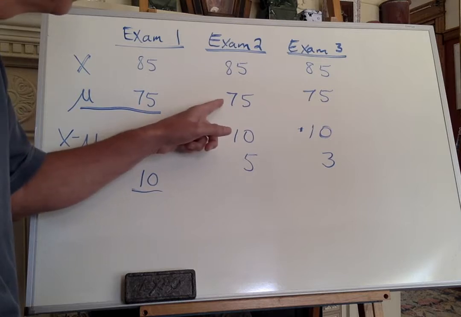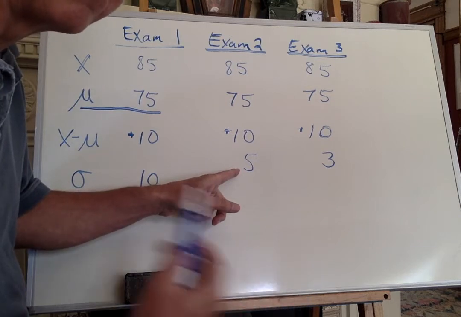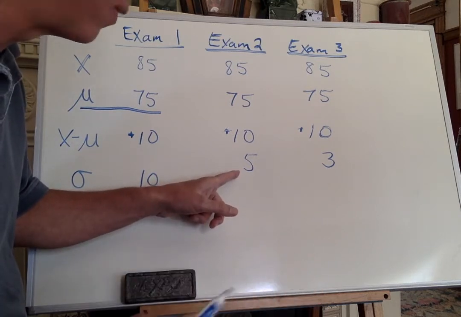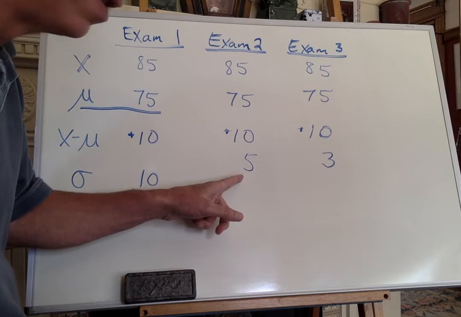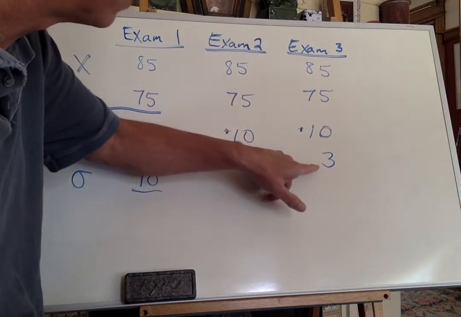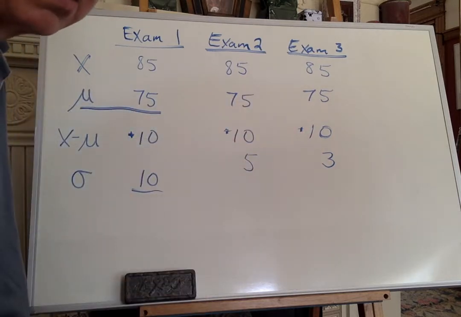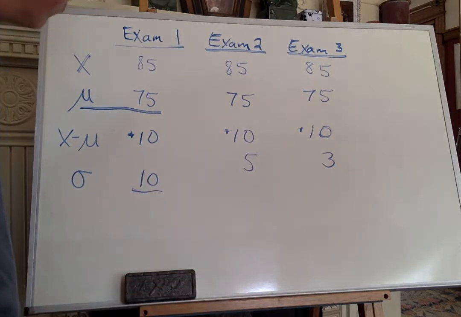That's the mean. And the amount on average that they deviate from the mean is 5. And then, of course, for exam 3 the average is 75, and the average amount that scores deviate from 75 is 3. Okay?